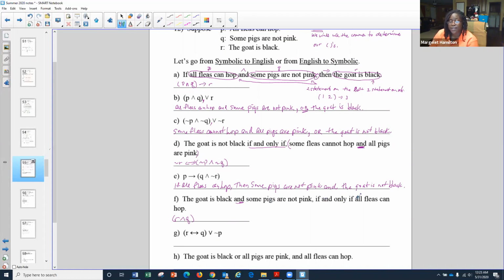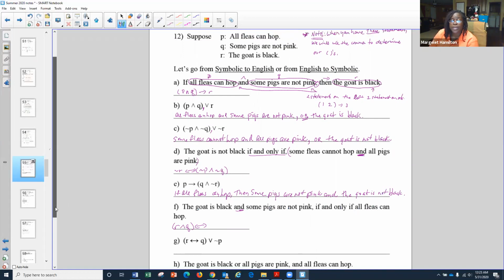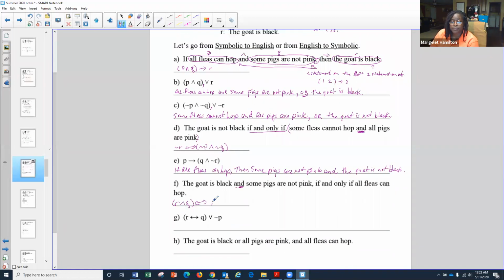Then it says if and only if. So you have your double arrow. If and only if what? All fleas can hop. So all fleas can hop is P. So you have parentheses, R and Q, close parenthesis, if and only if, P.